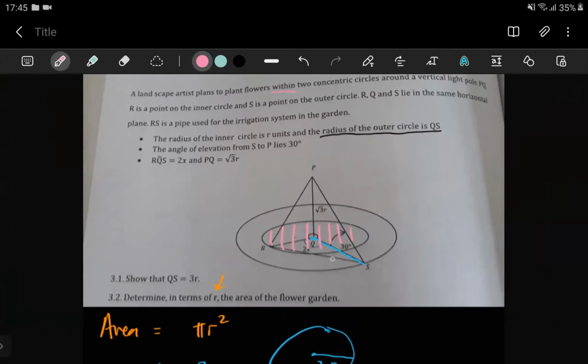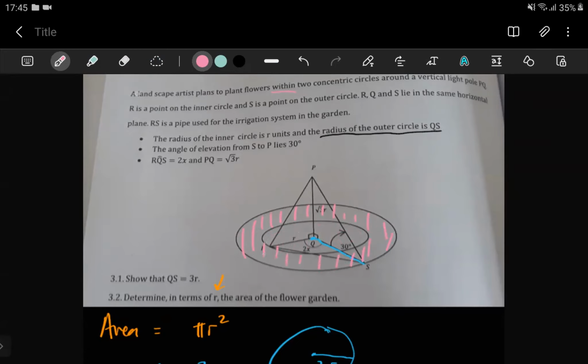But if it's within 2 concentric circles, then the area of the garden is actually, hold on, let me just show you quickly. We'll read the question again to justify what we're saying. So this is the area that they're going to plant the flowers.